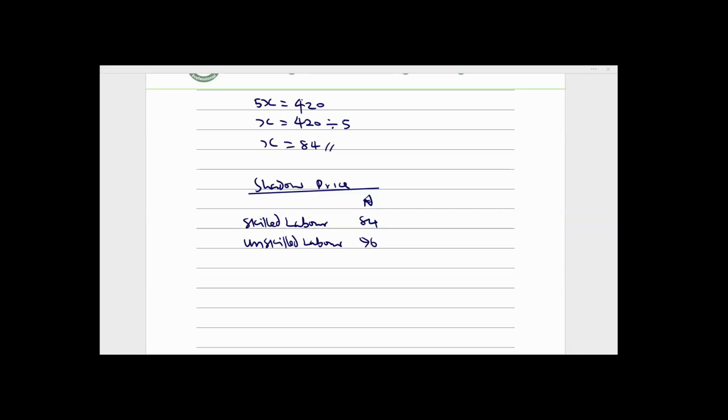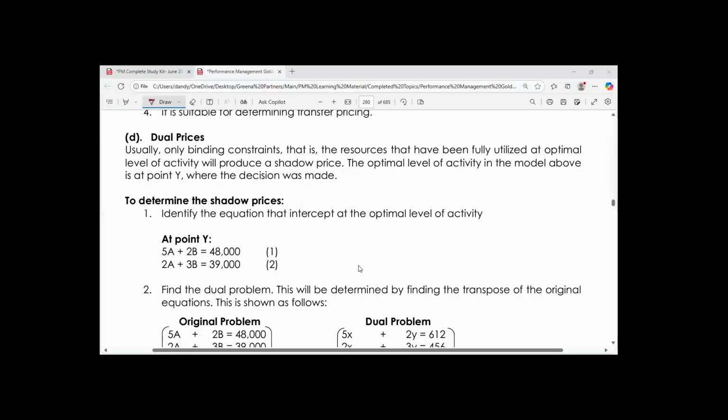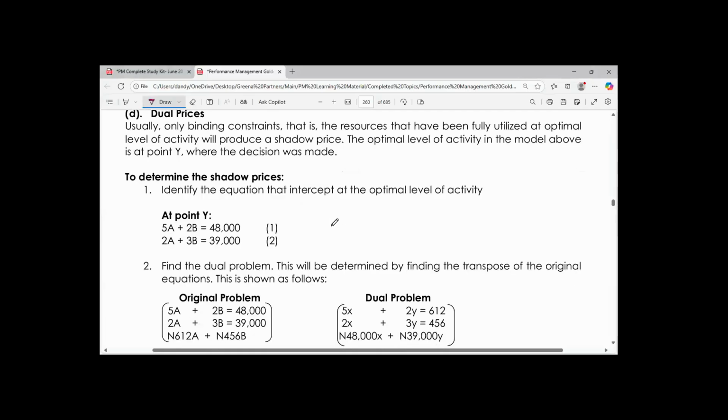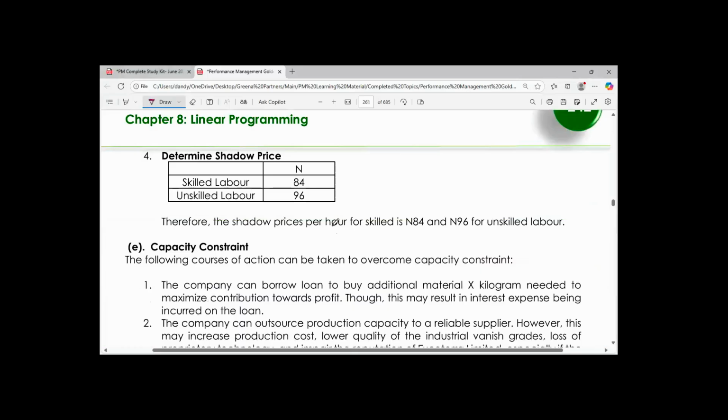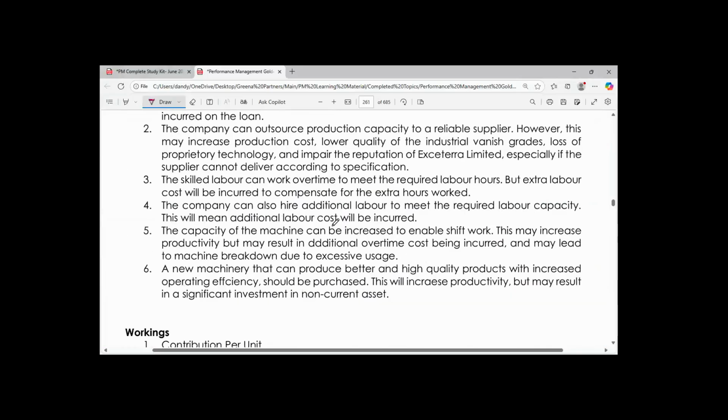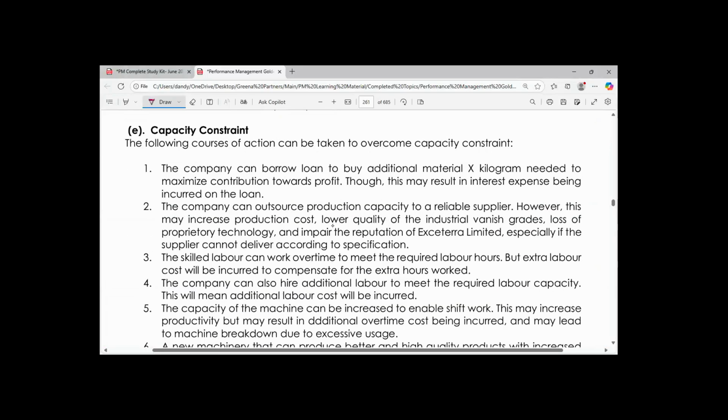So to solve this, let me show you. Let's use the golden book. To answer requirement number E.